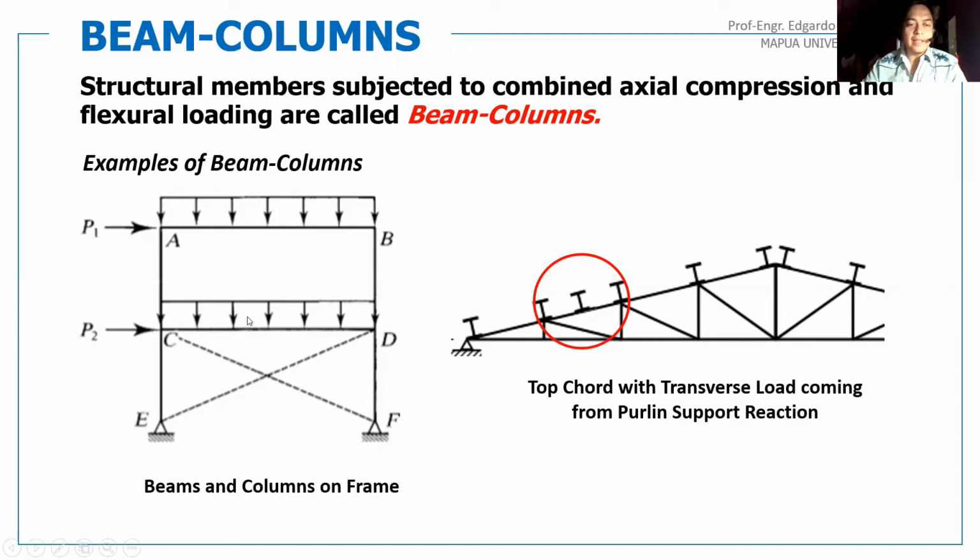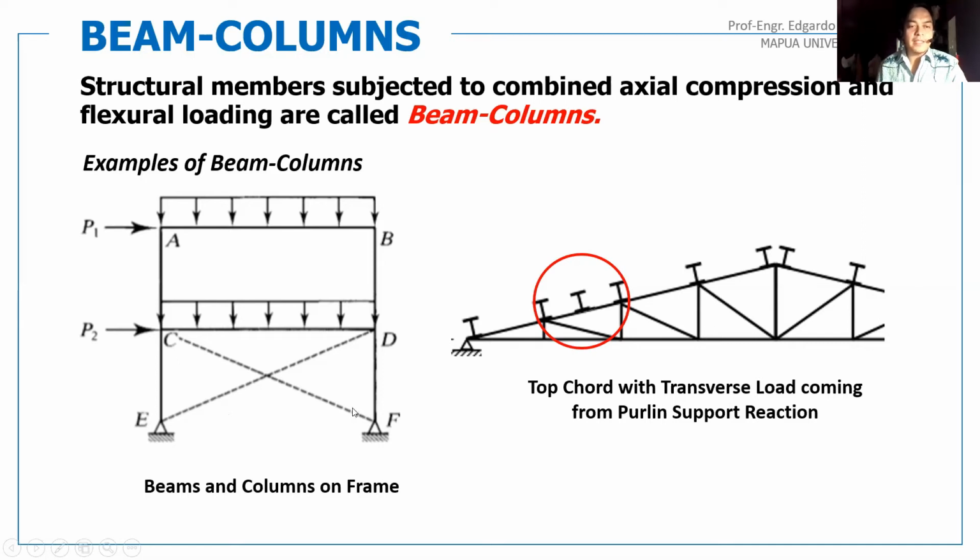On the left side, you have the beams and columns of a frame, so the whole frame consists of beam columns. The first level of this frame has cross bracing or a lateral support.